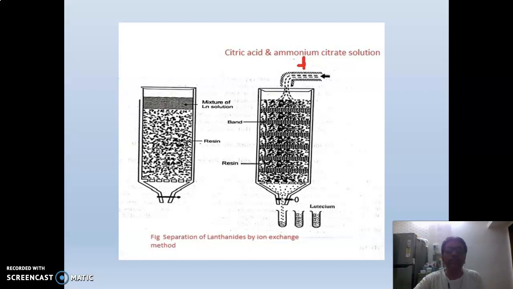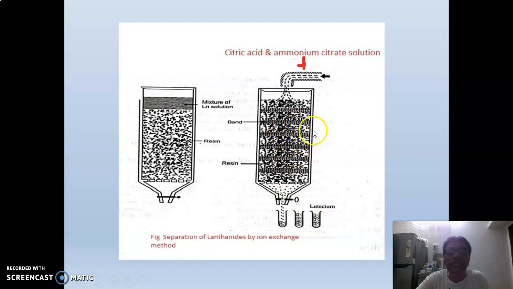So in the separation of the lanthanon, the complexing agent plays a very important role. When we add the solution of the complexing agent, that is citric acid and ammonium citrate solution, it creates the individual bands in the resin column.